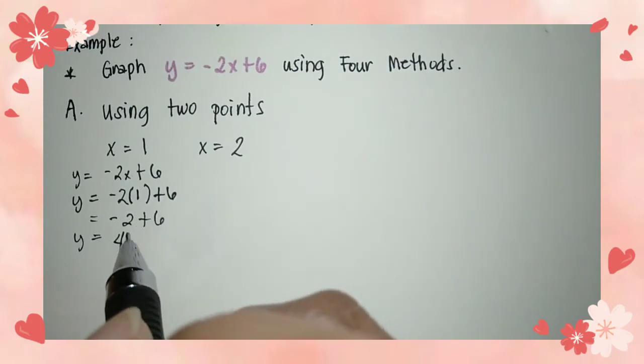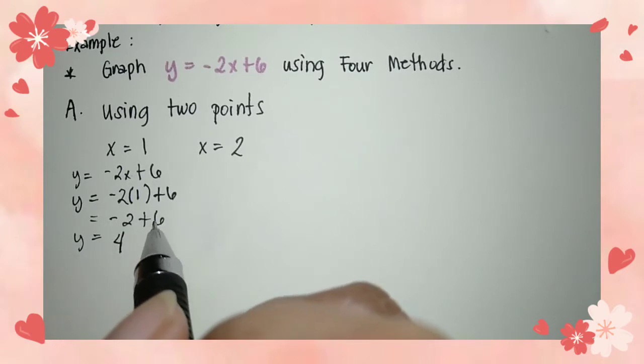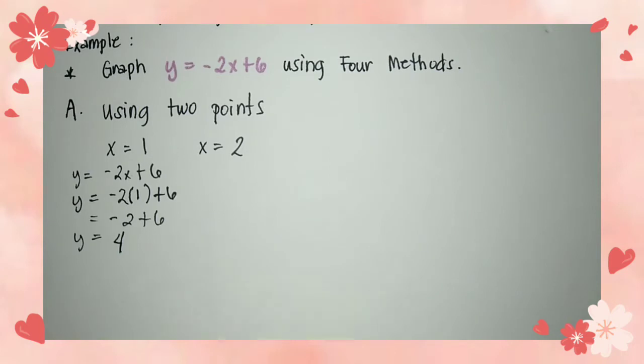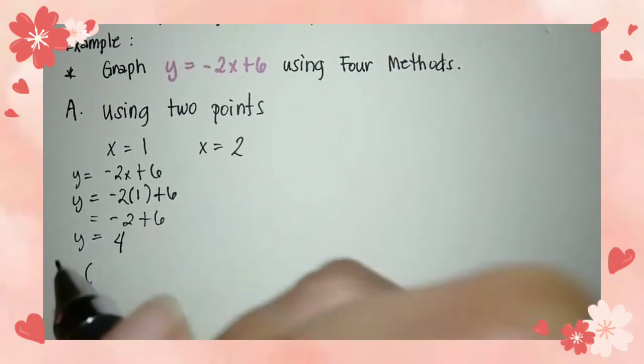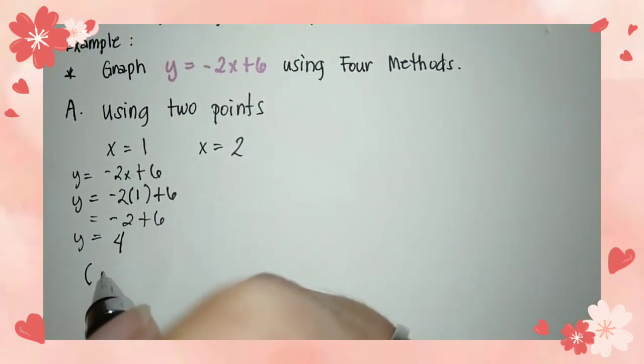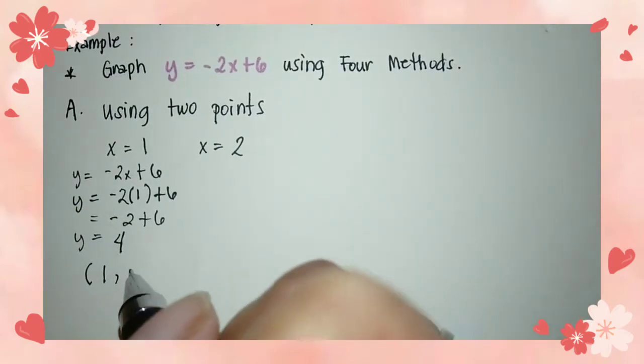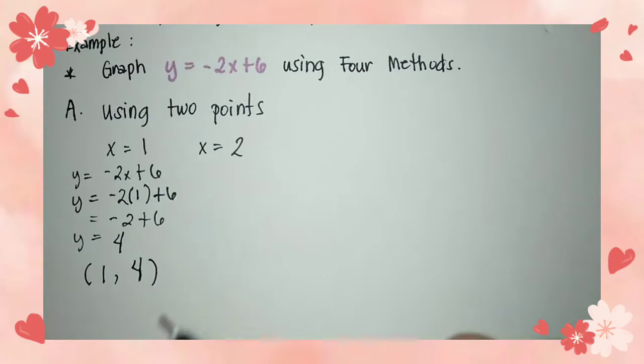And, of course, get the sign of the higher numbers. The higher number is 6 and 6 is positive. That's why it is equal to 4. And then, ang nakuha nating ordered pair for that is, of course, first muna is x. So, x is 1. And then, y is 4.